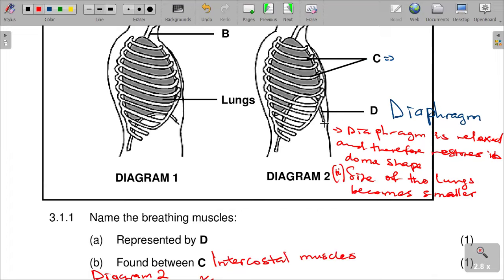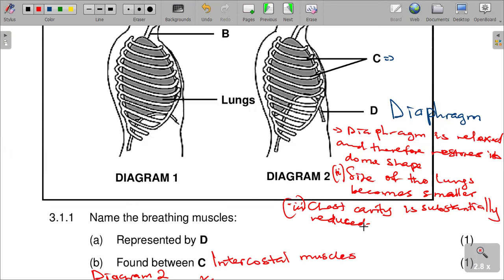When we breathe out, the lungs become smaller. And lastly, the chest cavity is substantially reduced.